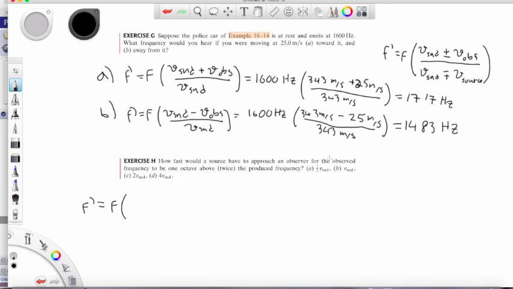We know that the source is moving, so in that case the observer velocity is 0. And now, because these two objects are approaching each other, we will use the upper signs. So we'll pick the minus from there.